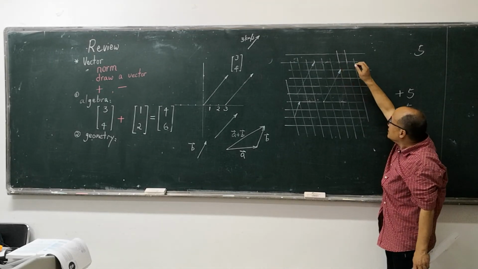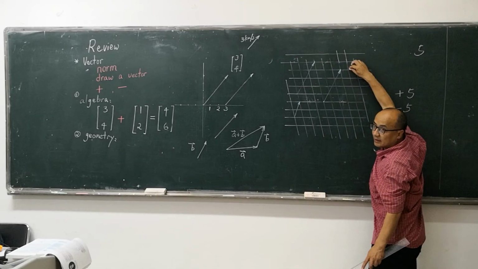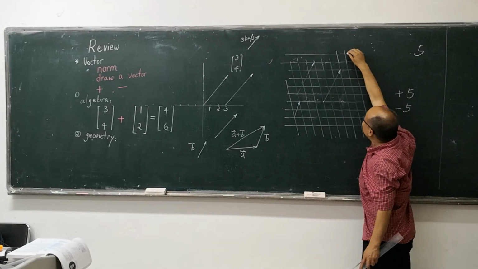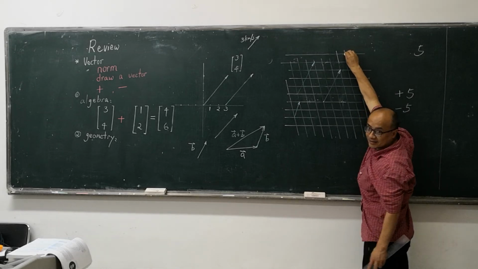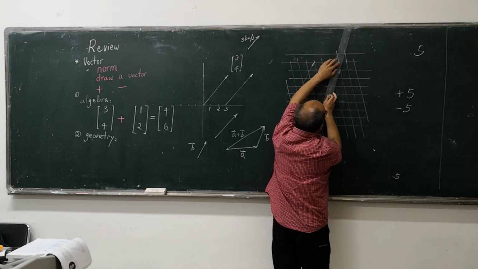So 1, 2. So this B is here, it is a 1, 2.